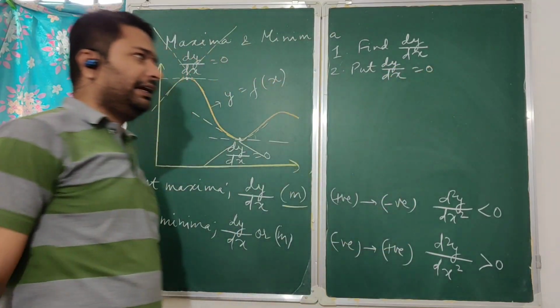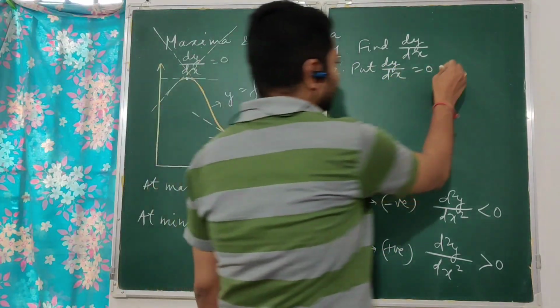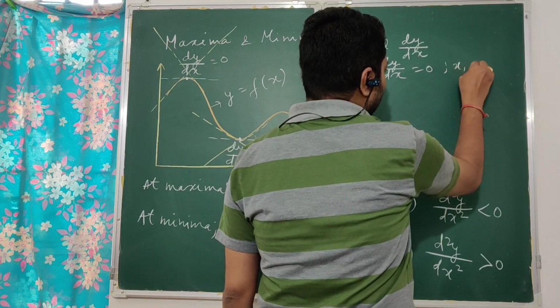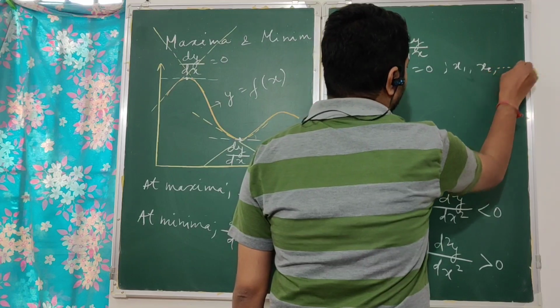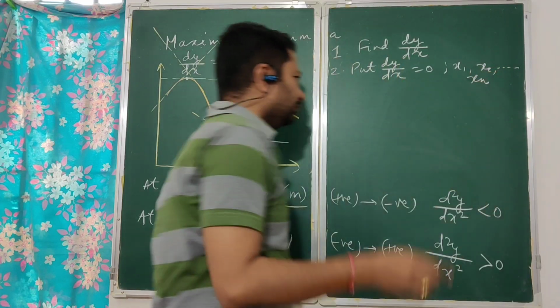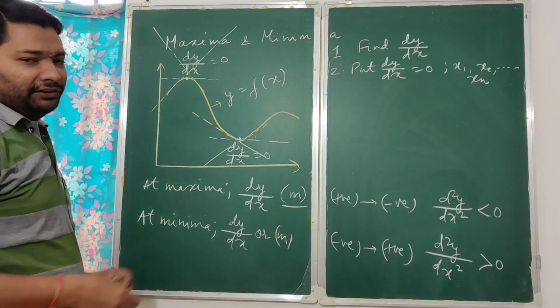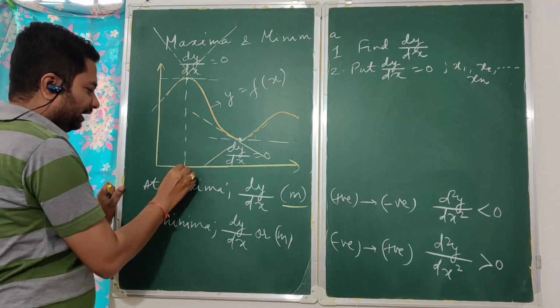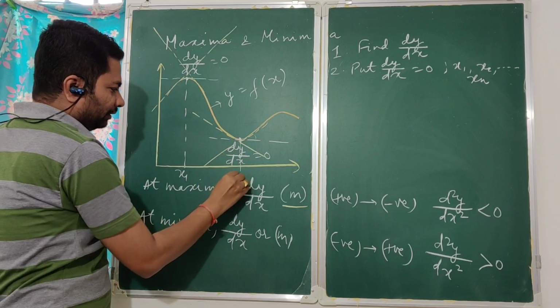If you put dy by dx equal to 0, you will get some equation in x, and after solving it you will get different points x1, x2, like this till xn, whatever the function is.